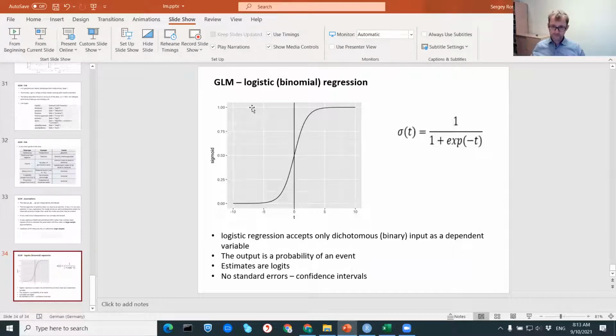So basically, it's a logistic function you probably know from school. And it estimates the probability of an event between 0 and 1, right? And it fits this curve to your data, and it estimates the probability of an event under given conditions or circumstances.